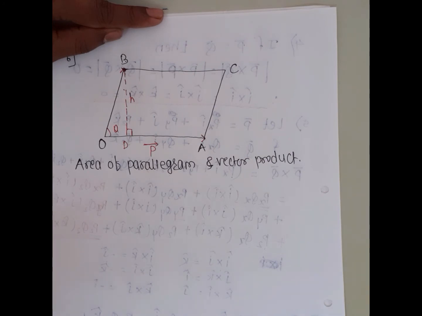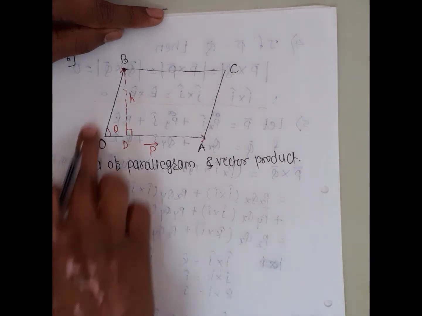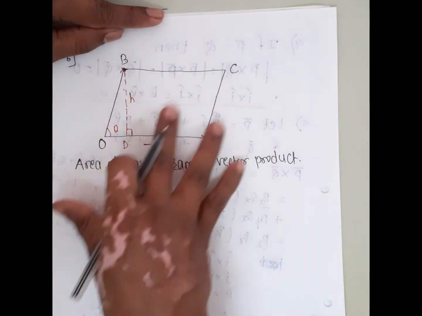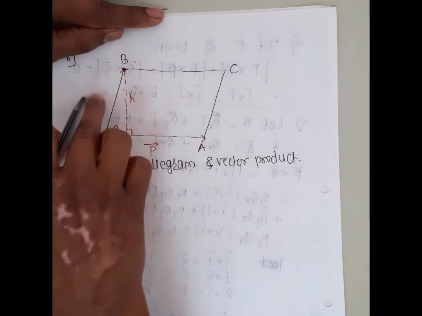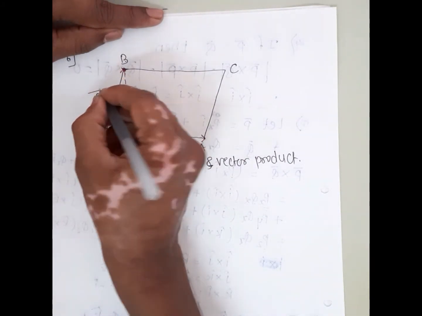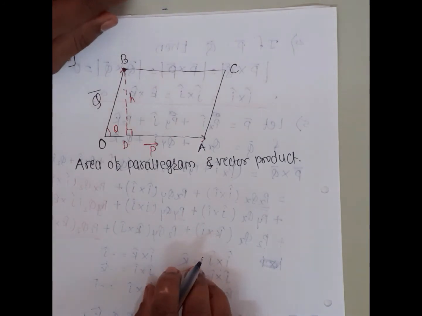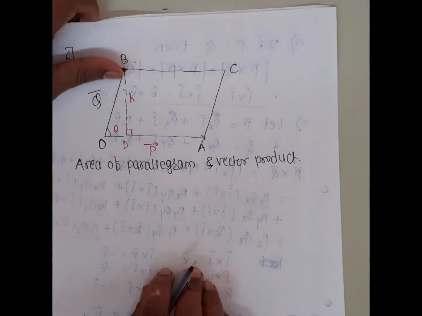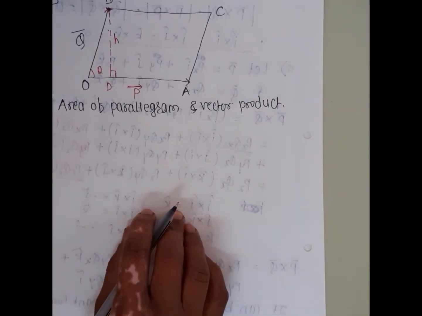Here the magnitude of the cross product of two vectors is numerically equal to the area of the parallelogram. The magnitudes of the two vectors p bar and q bar are written numerically to find the area of that parallelogram.